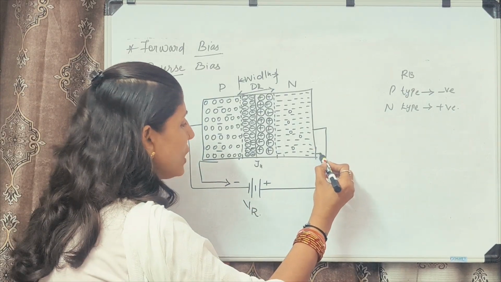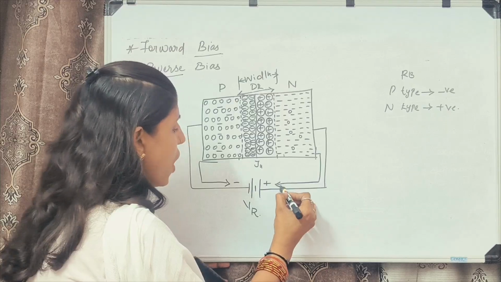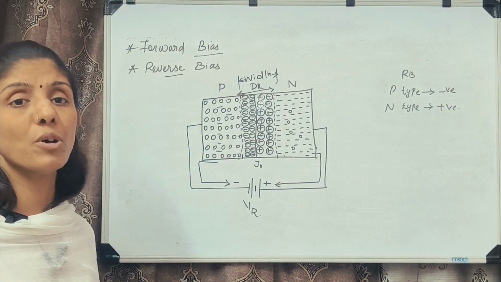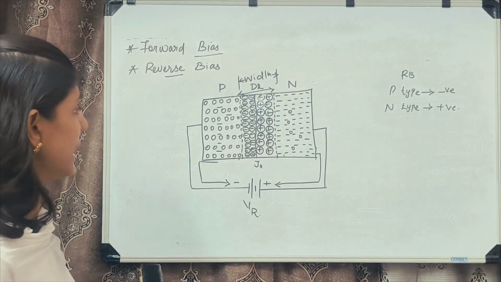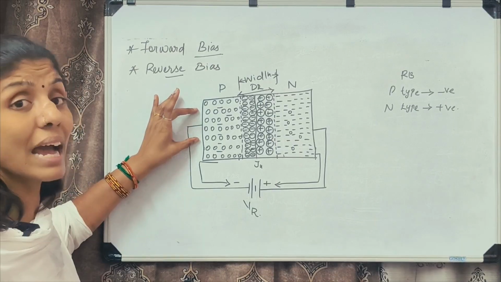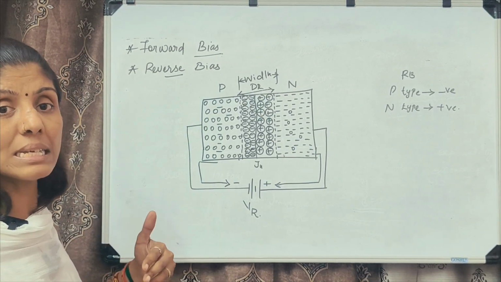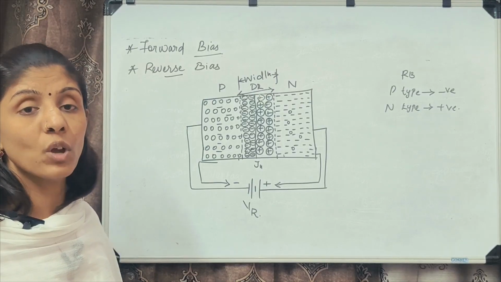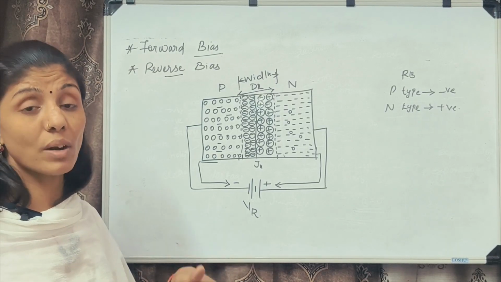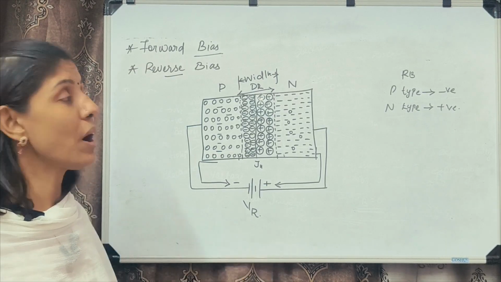So all the electrons available here are getting absorbed by this positive terminal of the battery. See here, which are actually losing? Holes are losing. So once the particular atom loses the holes, what will happen? Negative ions will be produced.